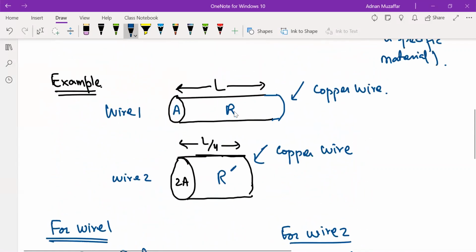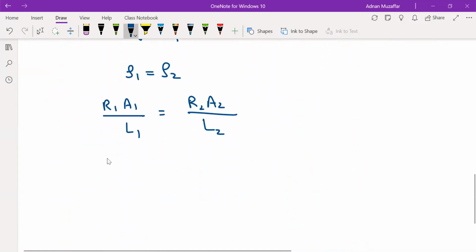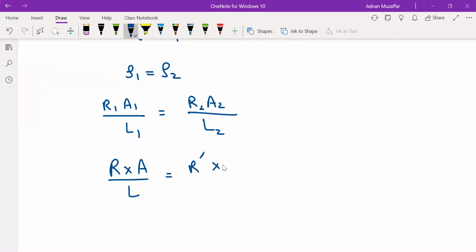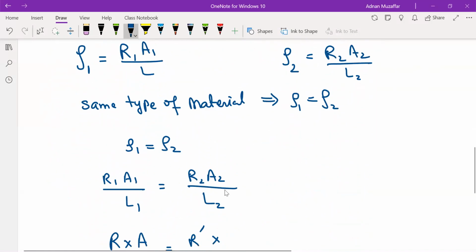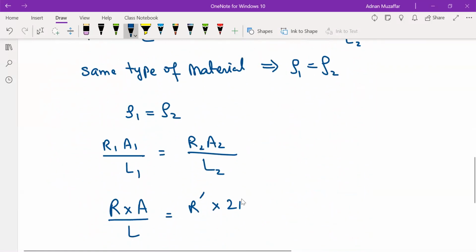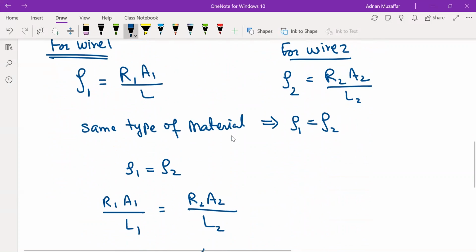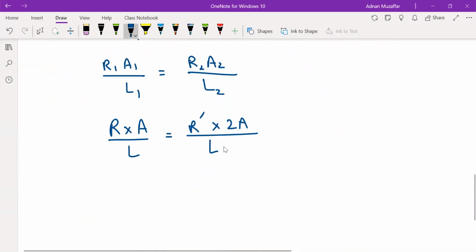R1 was R and length was L. So I can just put values here: R into area over length. And R2 we need to find out, I can call it R prime. A2 is double the area, you can see, so put 2A here over L2, which was reduced to 1 by 4, so you can use L by 4 here.